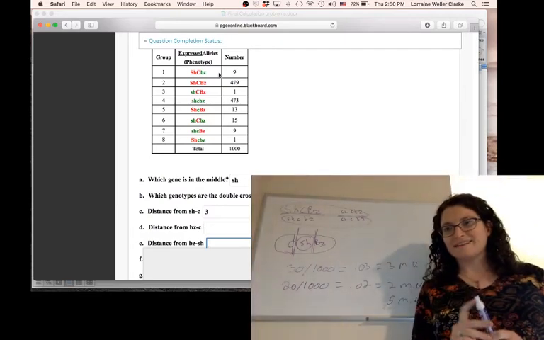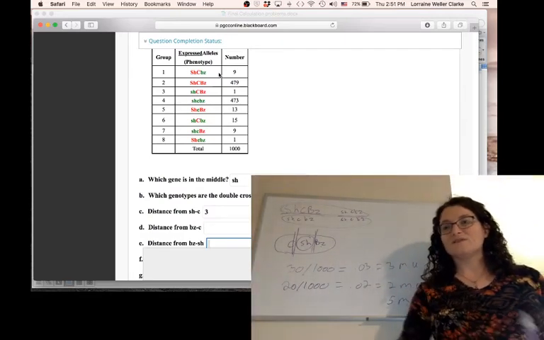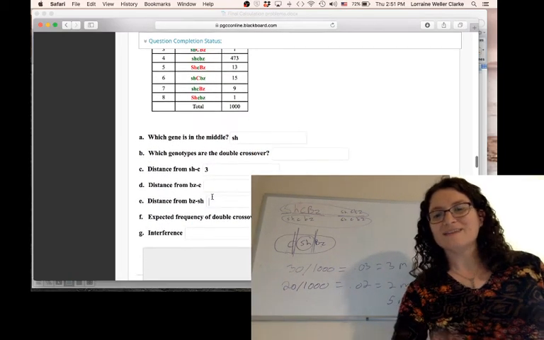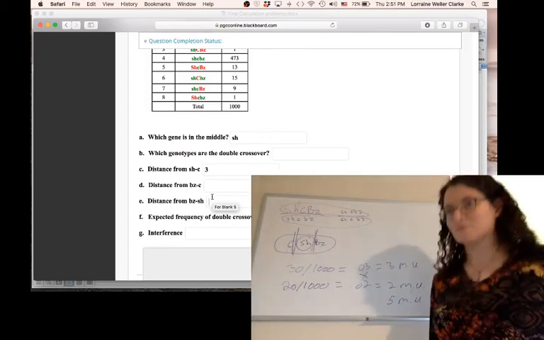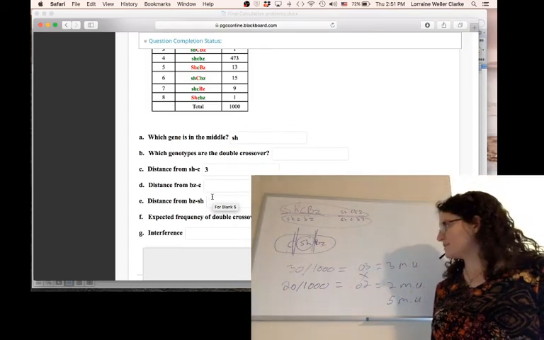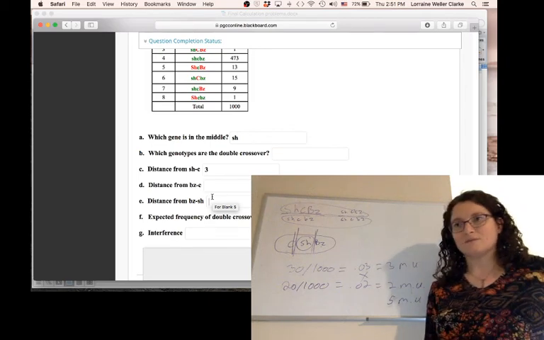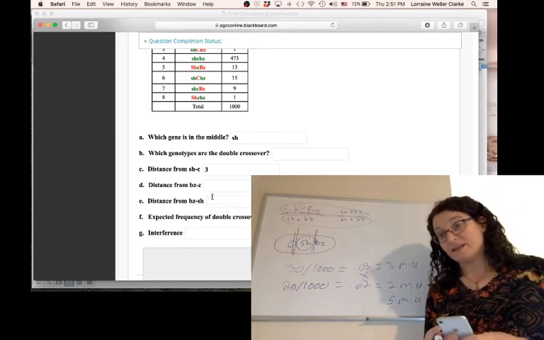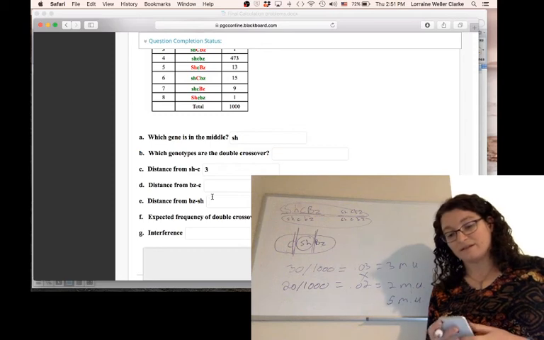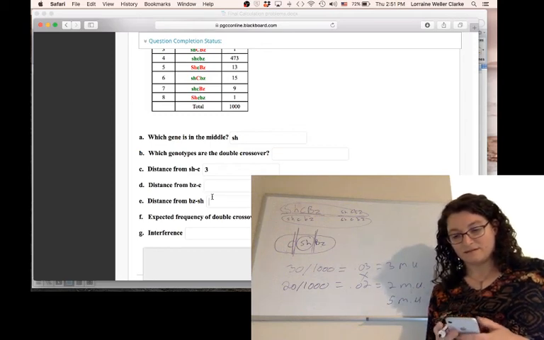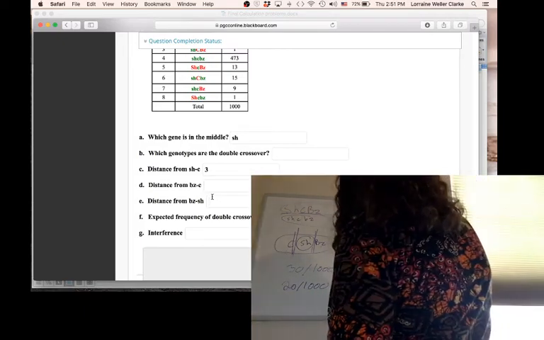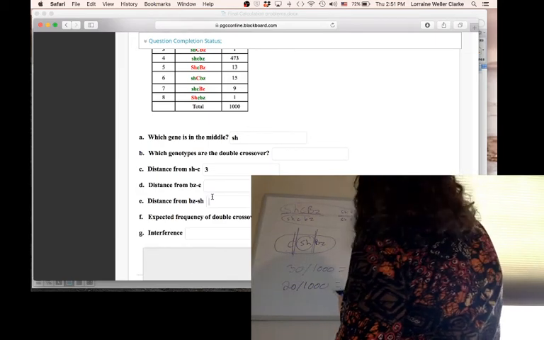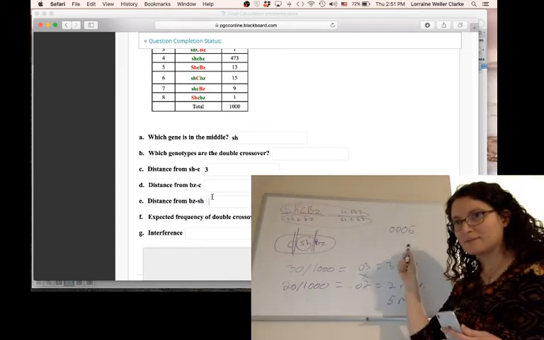Next, what I need you to do is find the expected frequency of double crossovers. Multiply those two together, 0.03 times 0.02. I'm terrible at doing decimals in my head, but you should have a calculator. That's the expected.